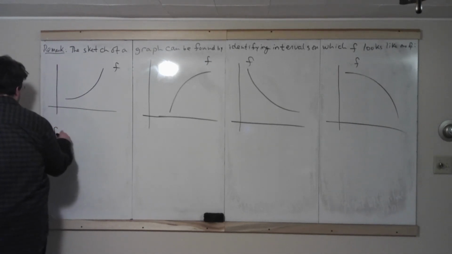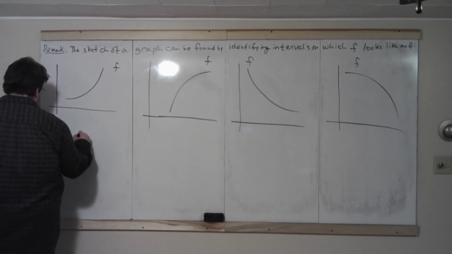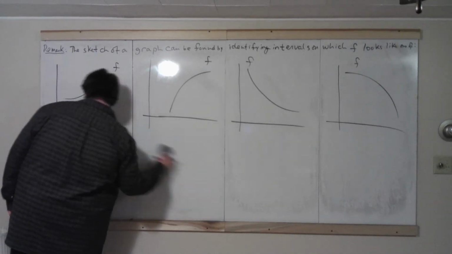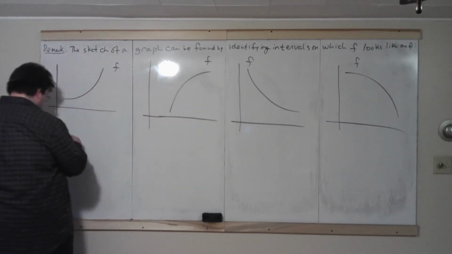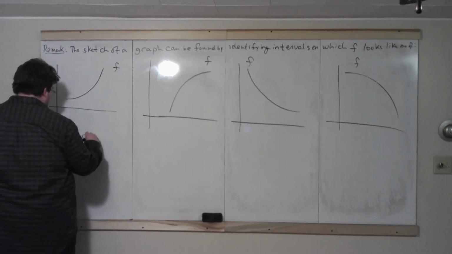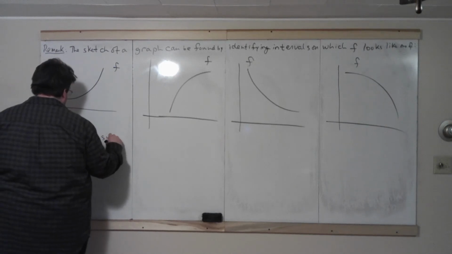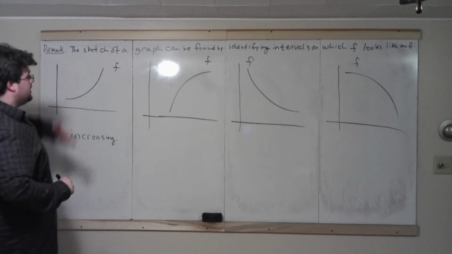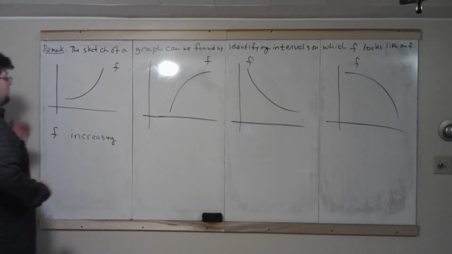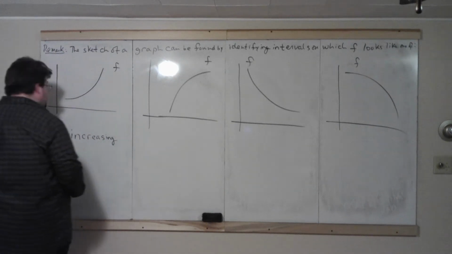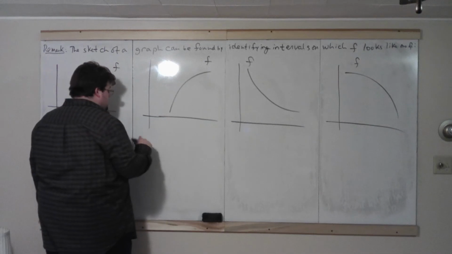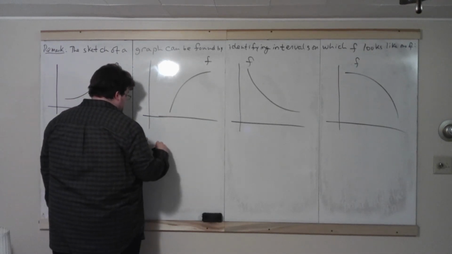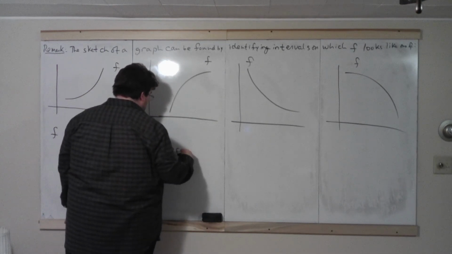Here, the function is increasing, it's going up. But it's also, well, let's do increasing, decreasing for these others. Here, the second one, f is increasing as well, it's going up.